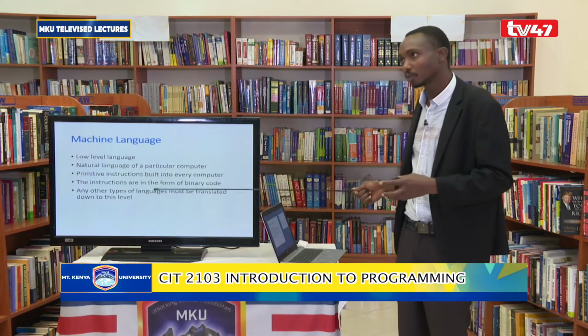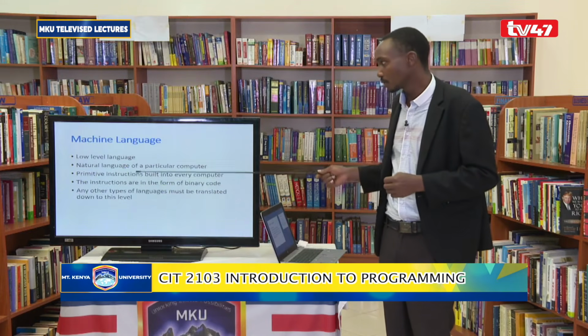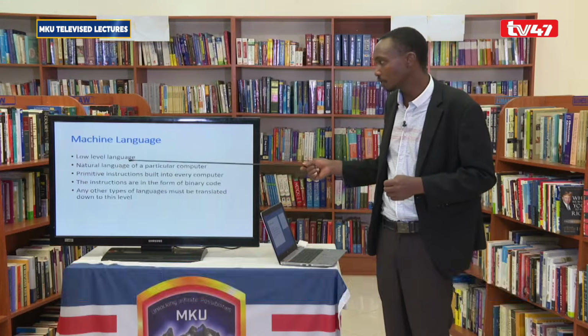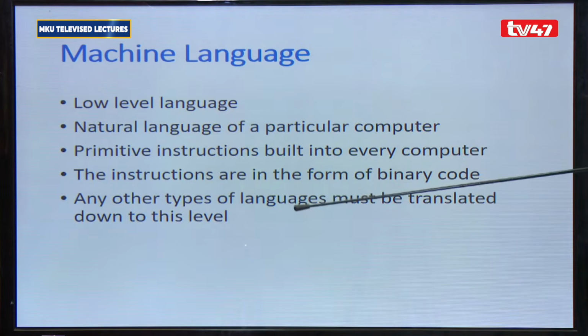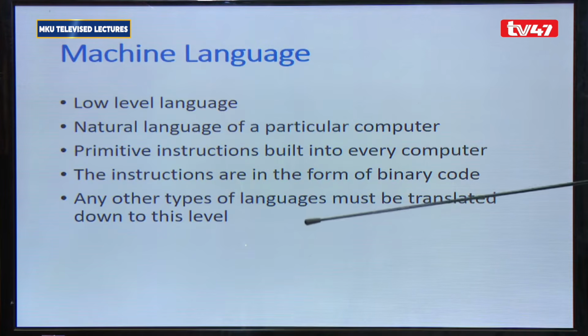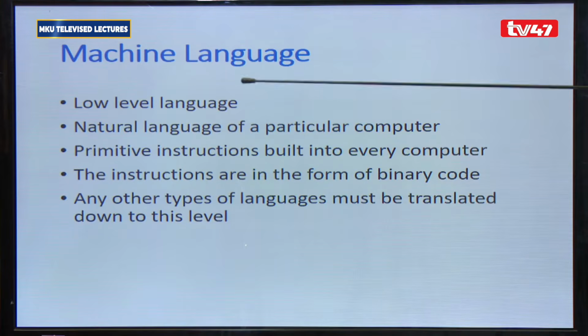When we talk of the computer, in most cases, we are looking at the processor. So it is low-level because the computer will understand its syntax very quickly without any form of translation from that particular language to machine language. It is already in machine language, which is zeros and ones.